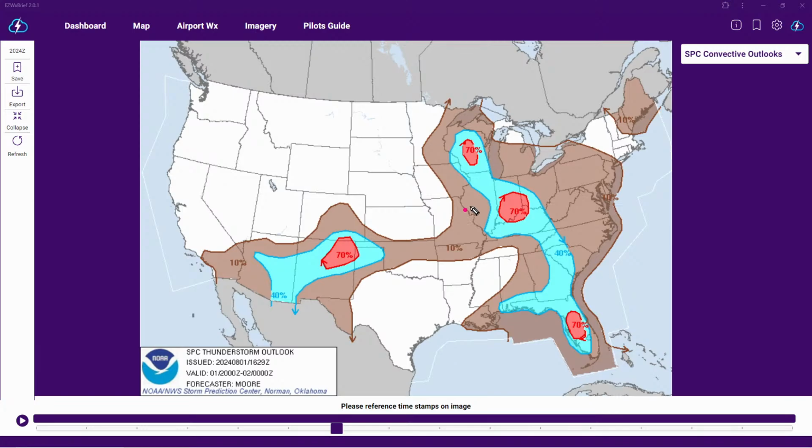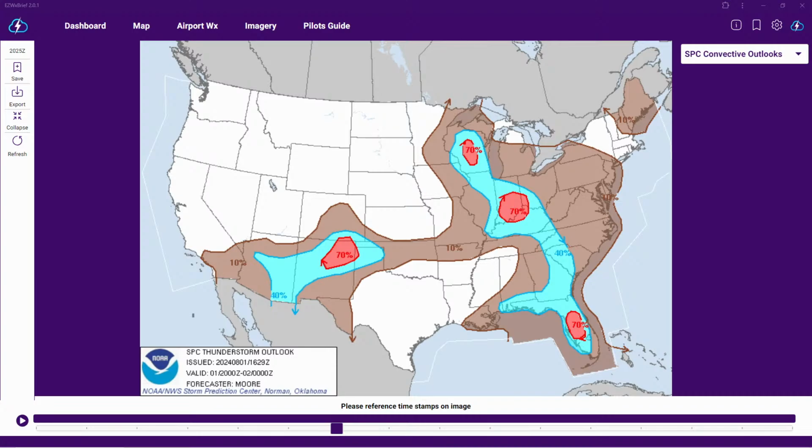This probabilistic forecast expresses the best estimate of a thunderstorm occurring within 12 miles of that particular point. So anywhere you're in the 70% area or 40% area, there's a 70% chance that within 12 miles of that point you're going to see a thunderstorm, or in the 40% area, there's a 40% chance within 12 miles of that point you're going to see a thunderstorm. So that's kind of how you look at this.